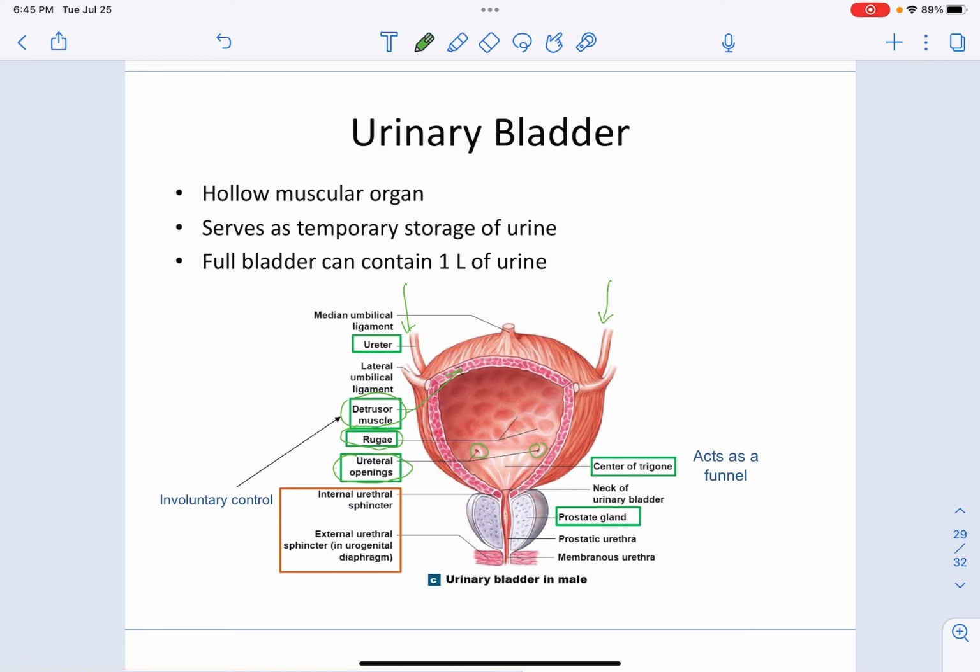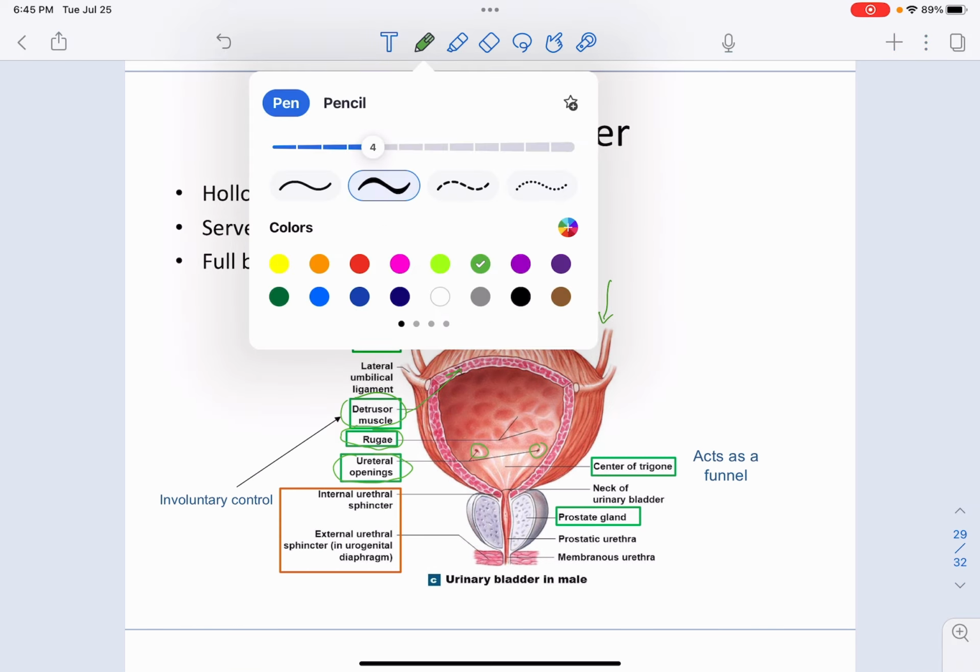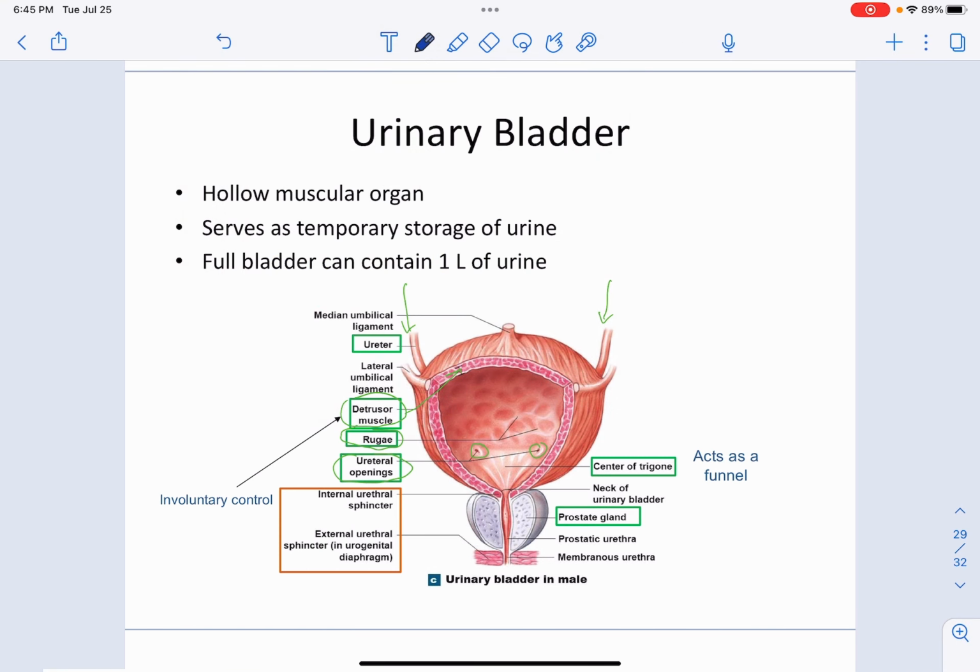At the inferior part of the bladder, let me change colors here. There is this funnel-like shape right here. This is called the trigone, and it acts as a funnel so that the urine will travel inferiorly. And then there are 2 sphincters that will control the release of the urine.